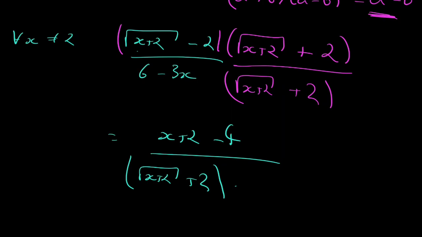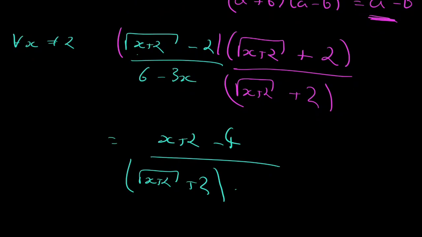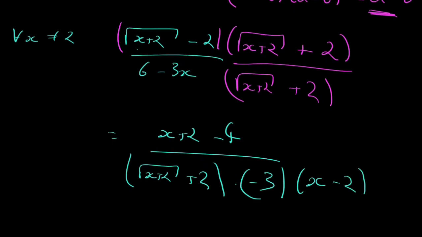And we want to make appear, as I told you, some x minus 2. So here, times minus 3 times x minus 2. Minus 3 times x minus 2 is equal to 6 minus 3x. And if we simplify the top, we also have x minus 2.